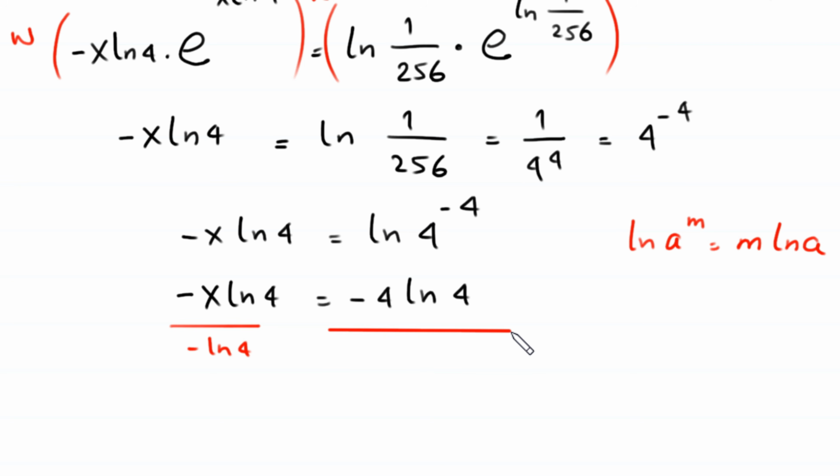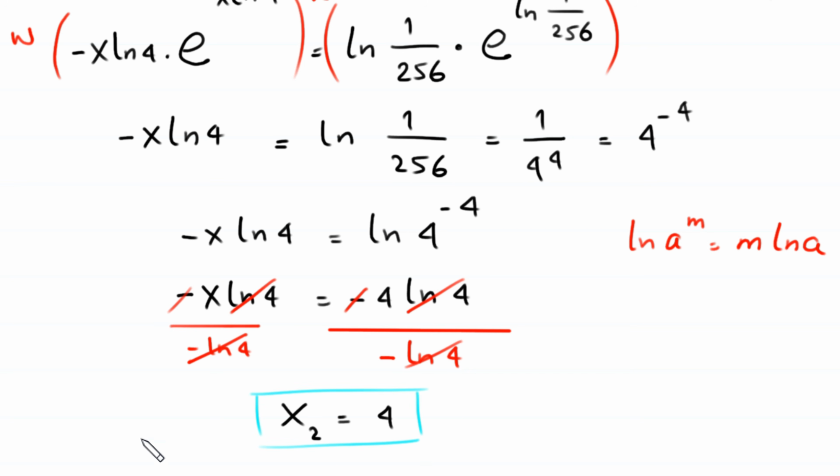So this negative ln of 4 will be cancelled out with this negative ln of 4, and we are left with x is equal to 4. This is the second value of x. This is the second solution for this equation.